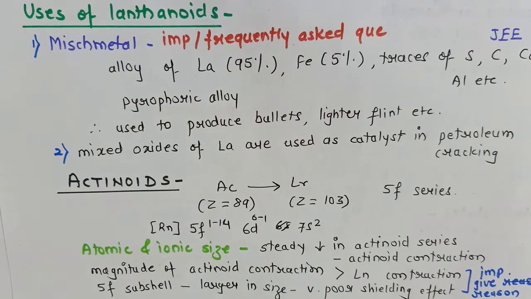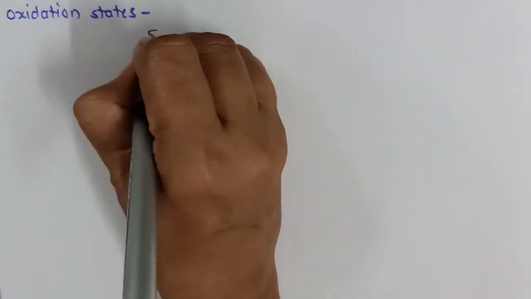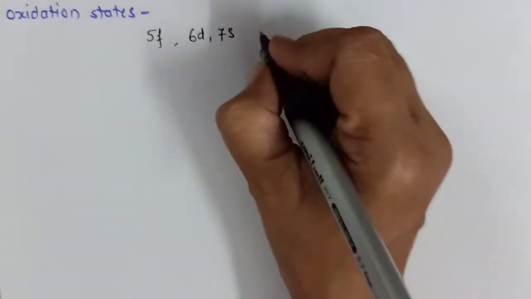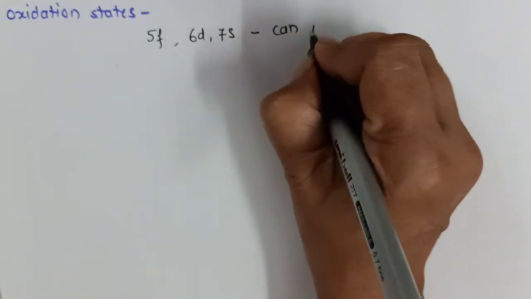So the next trend that we'll be studying is oxidation state. But before we study oxidation state, have a look at its configuration: 5f, 6d and 7s. 5f is not deeply situated as compared to 4f, and therefore actinoids show a variety of oxidation states. Due to the less energy gap between 5f, 6d and 7s, all these can participate in bonding.